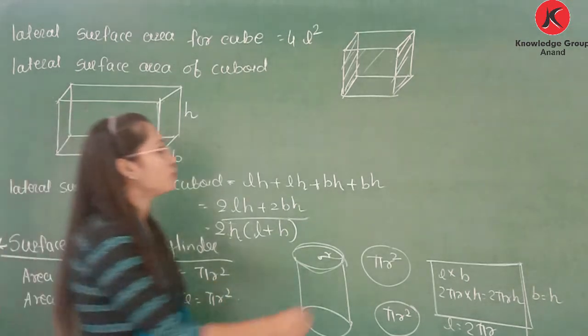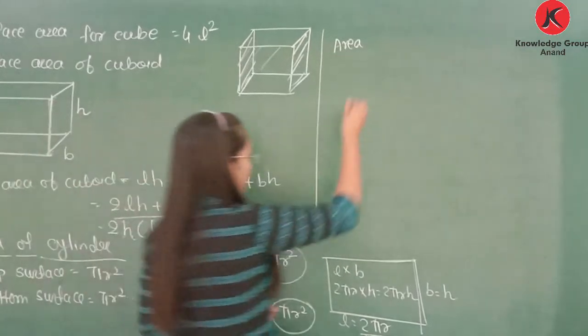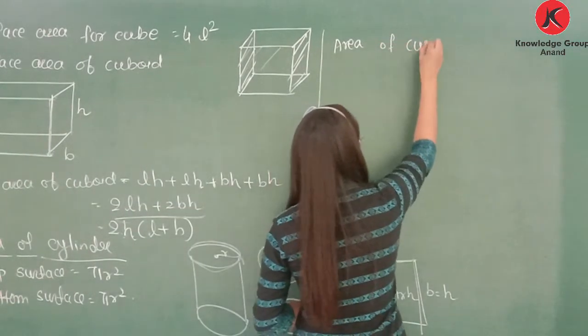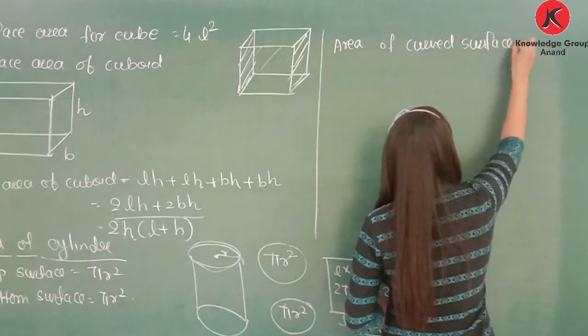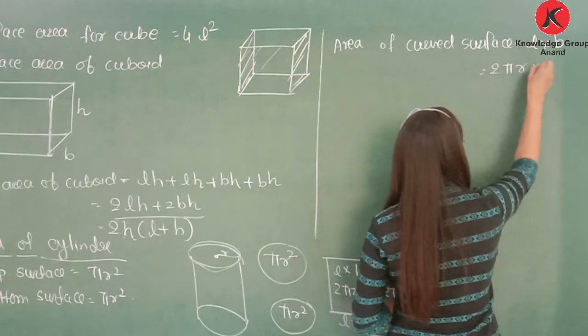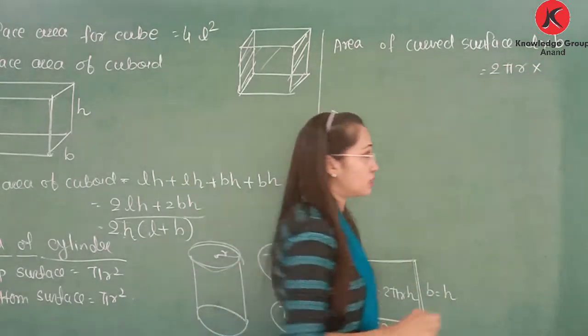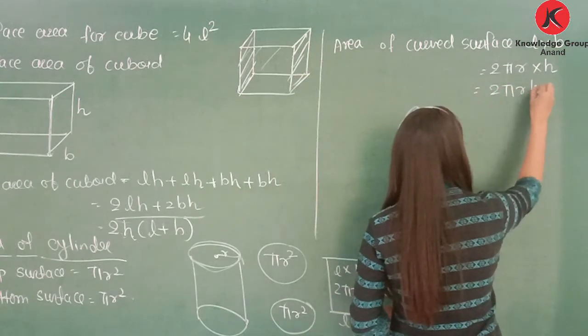And the area of the curved surface is a rectangle. L multiply b, here the length is 2 pi r because it is the circumference of the circle, and b is the height, so it is 2 pi r h.